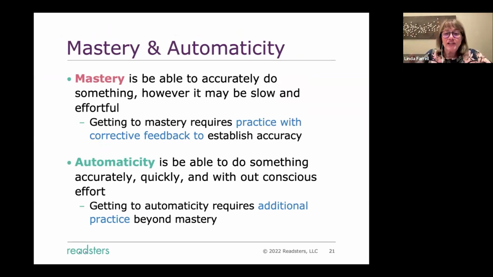You can accurately do it, but you're not quick at it, and maybe you're not 100% accurate. Maybe out of every 10 words you read, you miss one. Well, we've got to be accurate, and we've got to have some ability to do this quickly before we move on.